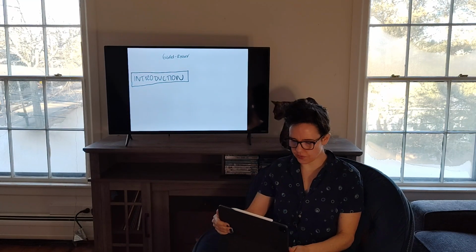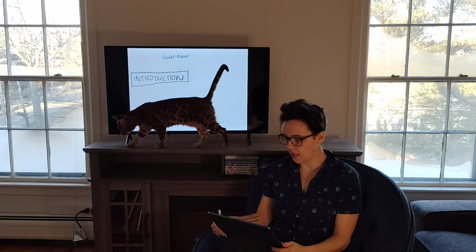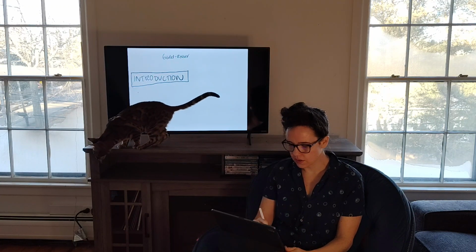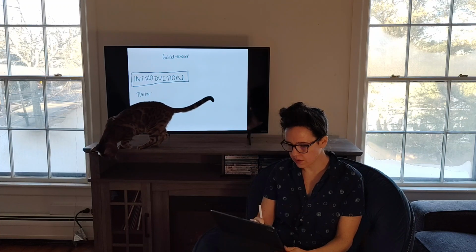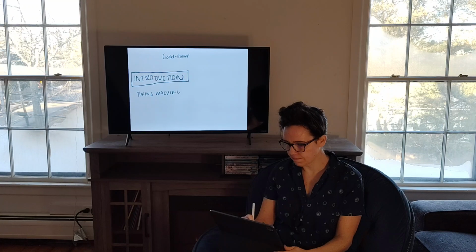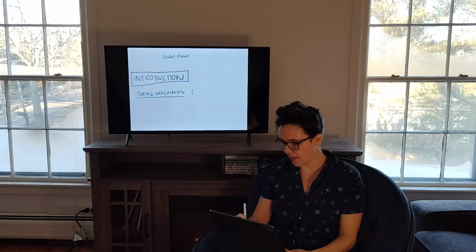In the introduction, the first section is the one that we'll go through a little bit more, and that's Turing machines. It's called an A machine.